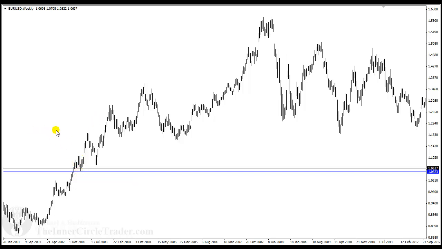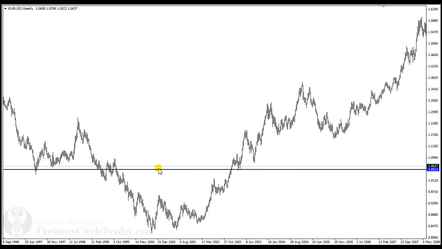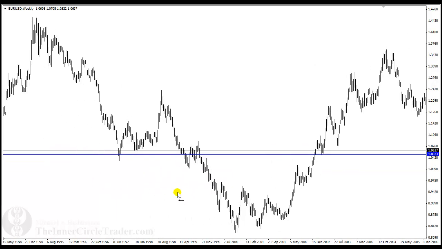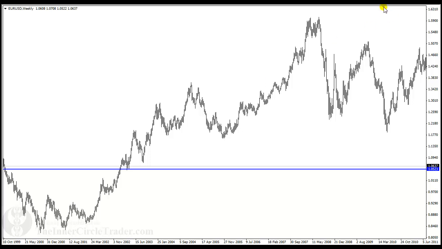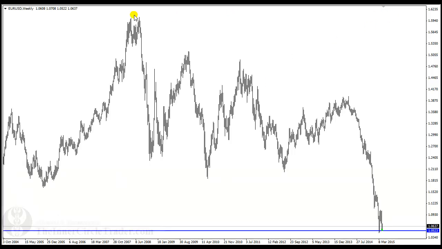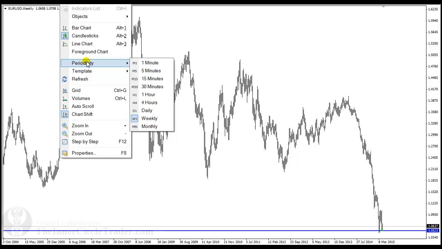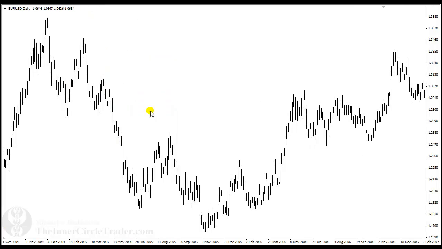Prior to it, we have a low here, and then here, all this price action. This is an area to anticipate institutional interest in the fiber. Going back to a daily, and we're going to zoom in.